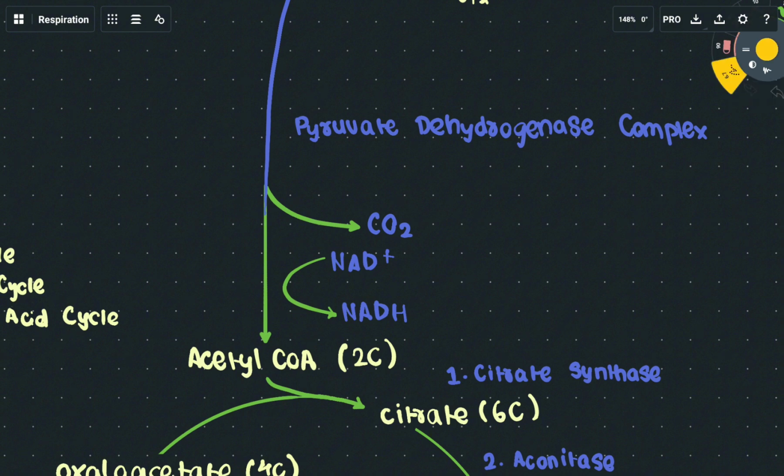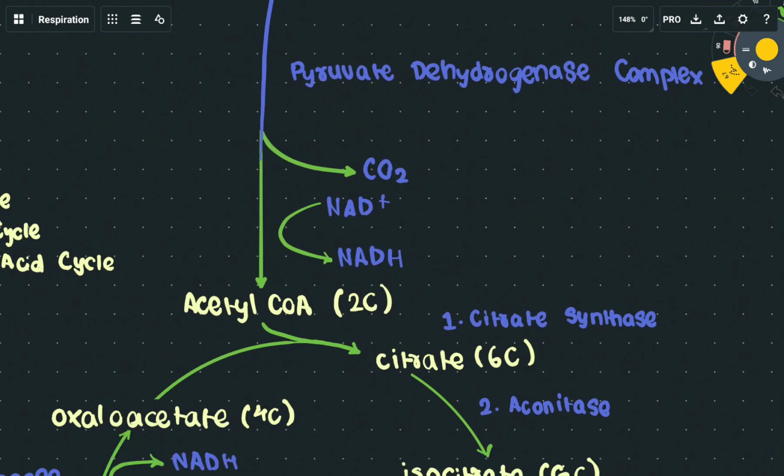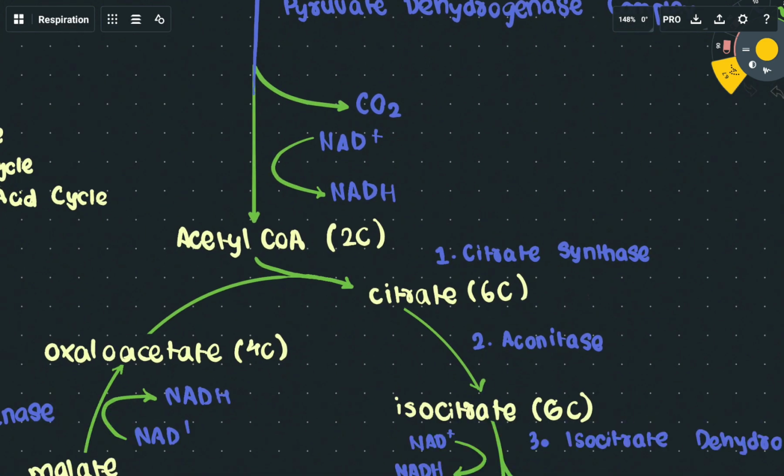So now the three carbon molecule of pyruvate has become a two carbon molecule of acetate, and we also convert NAD plus into NADH, and we attach a coenzyme A onto the two carbon molecule. So now we're left with acetyl-CoA, acetyl coenzyme A, which is a two carbon molecule, and this is what enters. So we don't enter the Krebs cycle with any pyruvate.